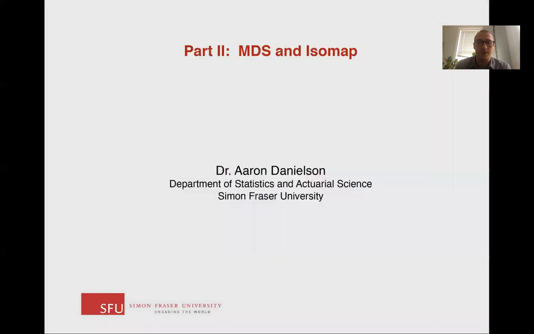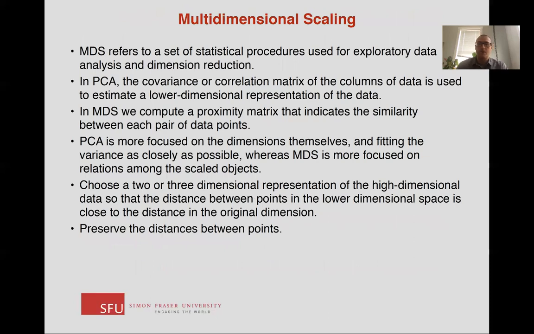Okay, so without further ado, let's move on to some other dimension reduction techniques. We're going from the classical to the modern. Aside from PCA, there's a very common method used to reduce dimension called multidimensional scaling.